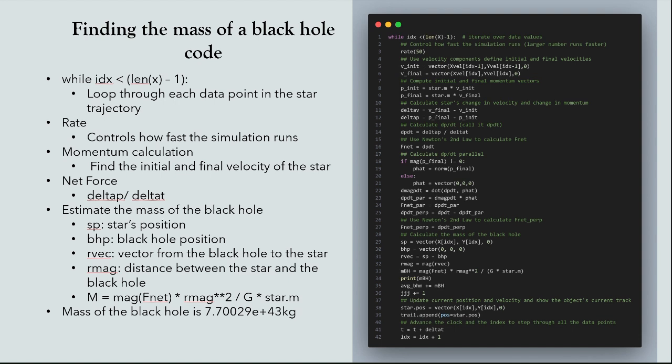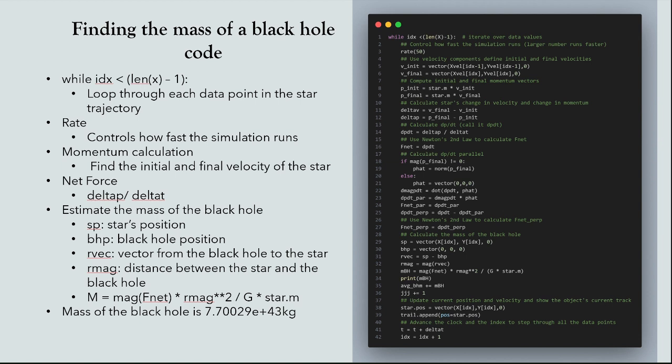Alright, now let's go over the code that was used to find the mass of the black hole. First, the while loop was used to run through each data point in the star trajectory. The rate controls how fast the simulation ran. Then we used the momentum calculation to find the initial velocity and final velocity of the star. Next, using that information, we found delta p over delta t, which is net force.